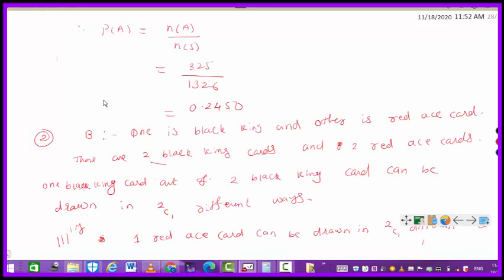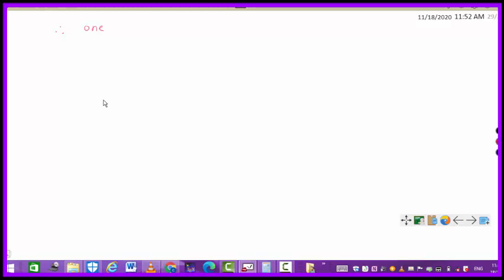Therefore we require one black king and one red ace. They can be drawn in how many different ways? One black king, that is 2C1, into, by multiplication, we have taken the product, 2C1.